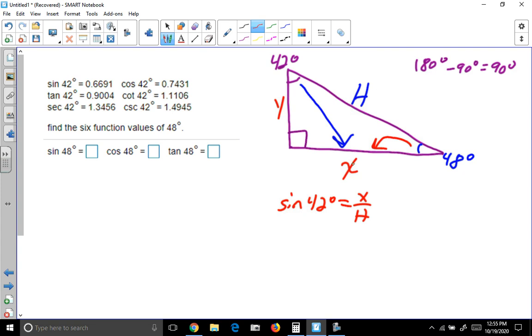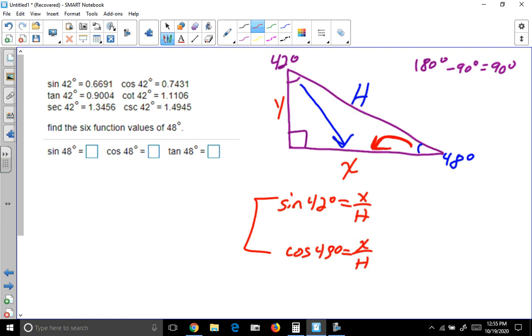But if we consider X to be the adjacent side to 48, that would be cosine from 48 degrees. You might say, do what? Notice from 48 degrees, cosine is adjacent, so the adjacent side over the hypotenuse.